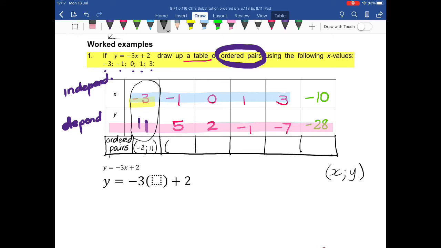My next one, x is negative 1, so this is your x value. Your y value is 5. It has to have brackets around it, and it has to have a comma in between. This one, x is 0, and y is 2 in brackets. X over here is 1 and y is negative 1. X is 3, y is negative 7.